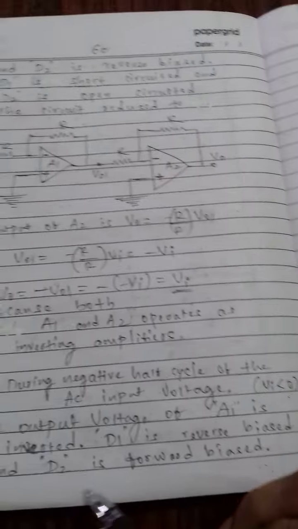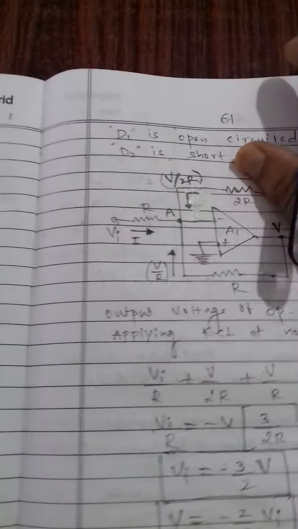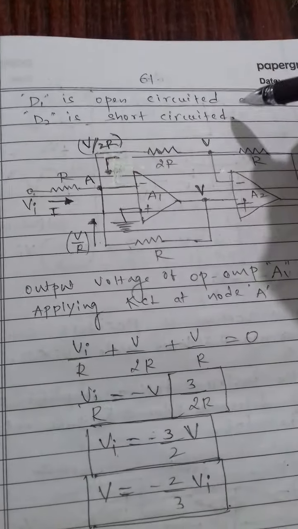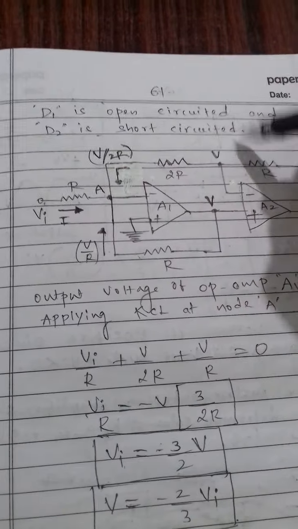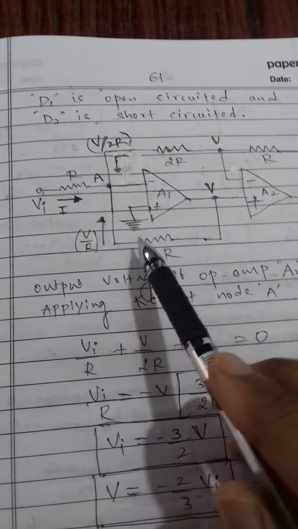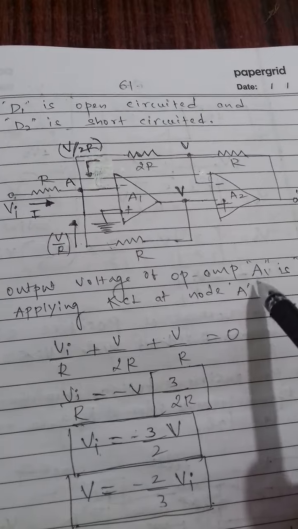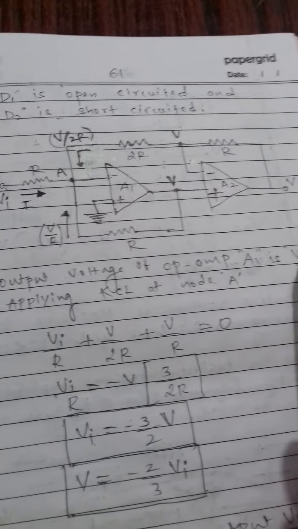D1 is open circuited and D2 is short circuited, so the output voltage of op amp A1 is V.